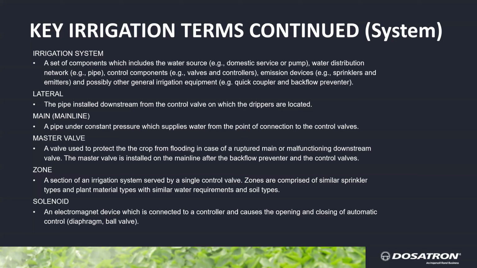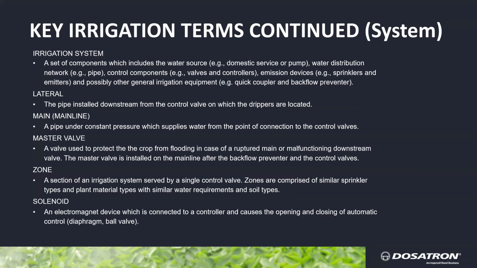We have lateral lines or lateral pipes. These pipes are installed downstream from a control valve where your drippers are located. So I think about lateral lines as kind of the fingers off of the hand, right?